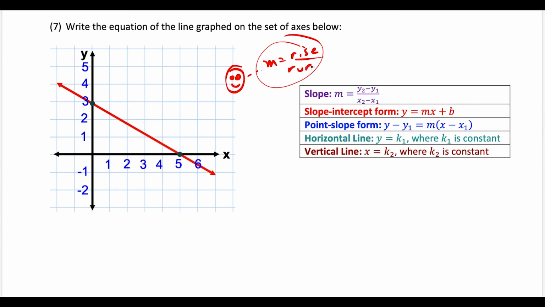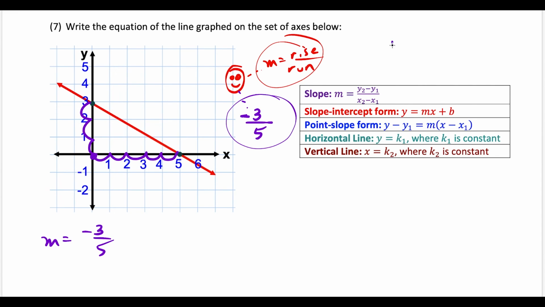I would never write m equals rise over run on a test, because that's not proper notation, but I can think it. They can't take points off for how you think. Looking at this, if we count the boxes, we're going down 1, 2, 3. So my rise is negative 3, and then for the run, I go over 1, 2, 3, 4, 5. So my slope, m, is equal to negative 3/5.